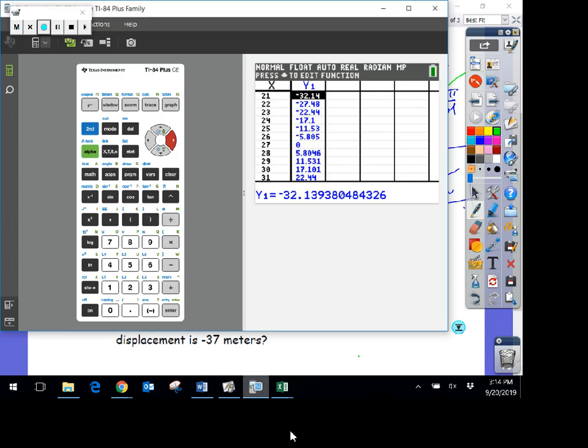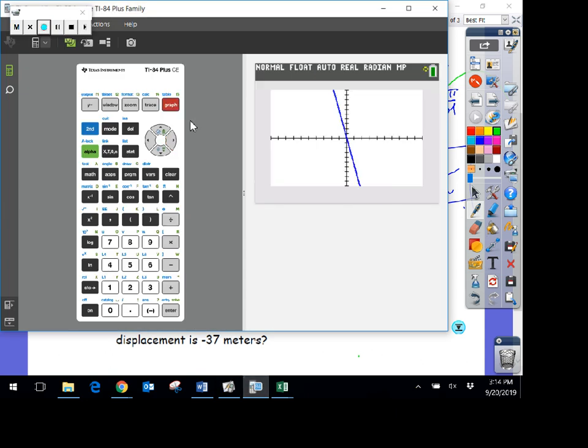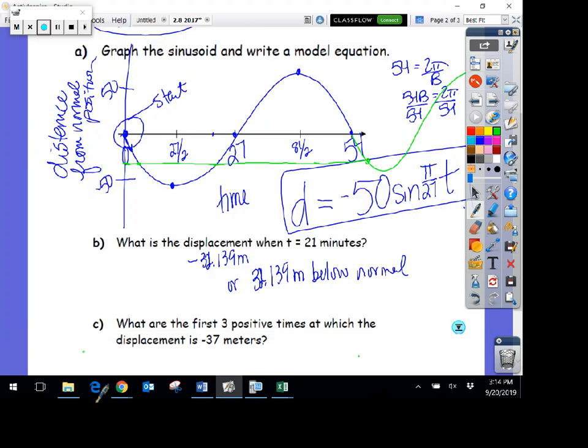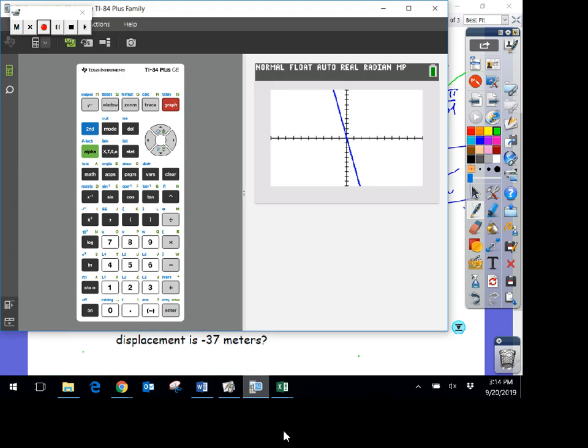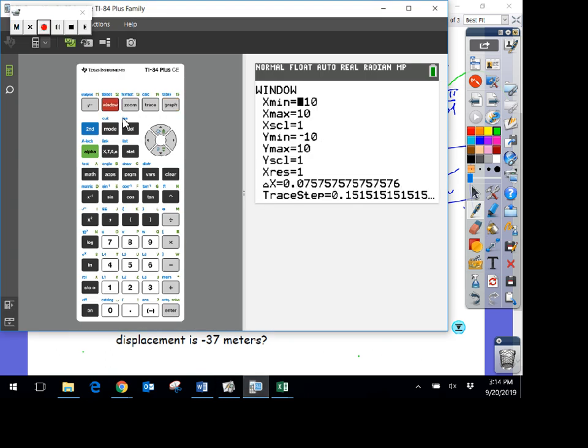So here, if we graph it, that's all we got because our graph is from negative 10 to 10. And we see that we're negative 50 to 50, and just one cycle is 0 to 54. So when I go to my window, I want to see more. I don't care about negative time, so I'm going to make that 0.